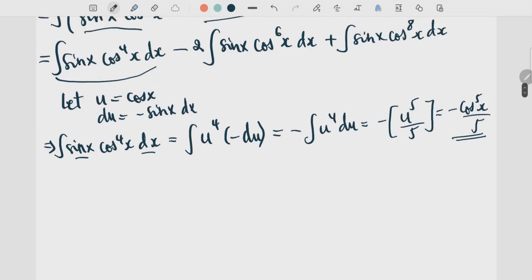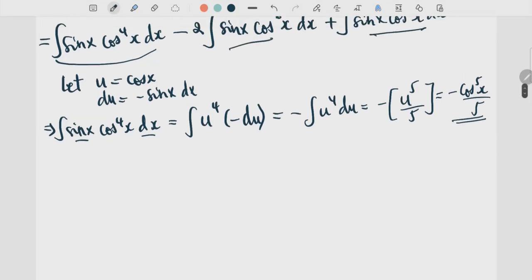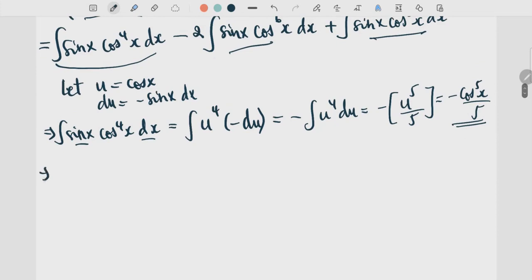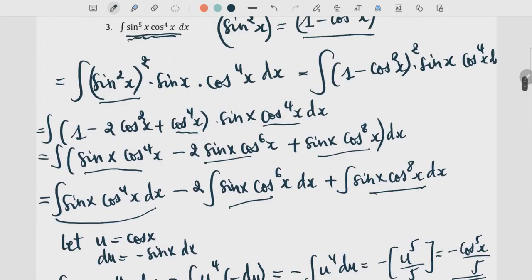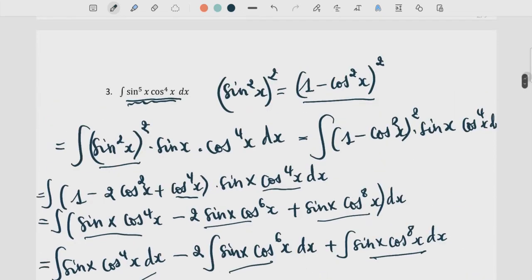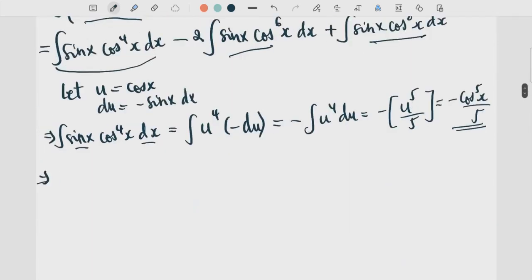Now applying the same logic to the other integrals, let's rewrite this.